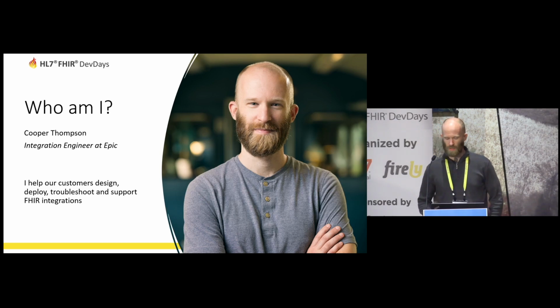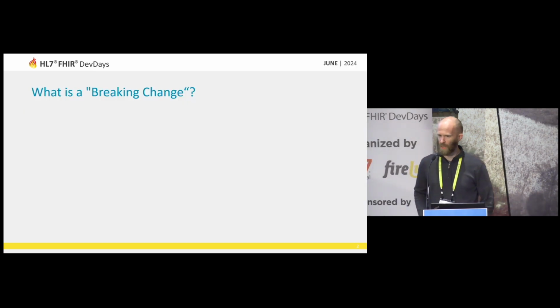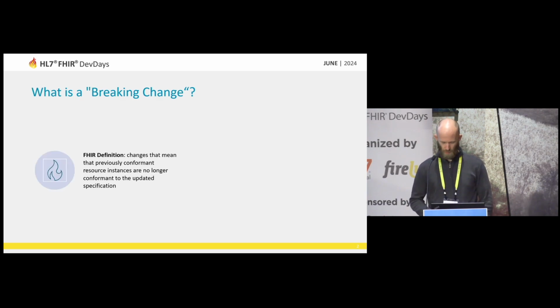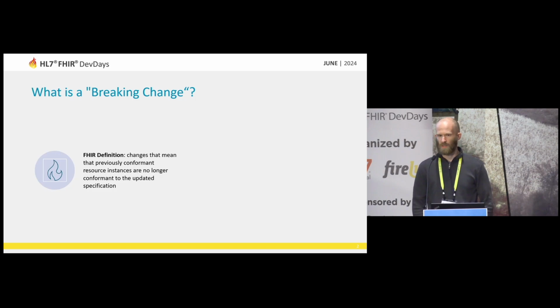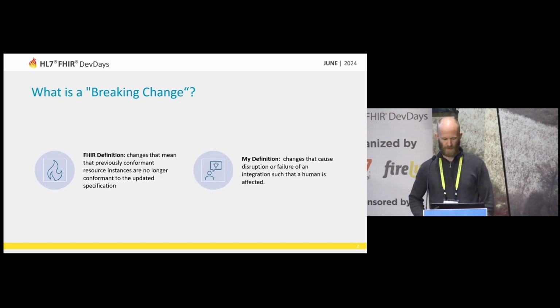But when we talk about changes, the first thing I want to do is define what I mean by a change or a breaking change. In the FHIR core specification, there's this definition, which is any change that causes a conformant resource to no longer be conformant. I think that's a good definition for the spec, but I'm going to focus on a little bit different definition.